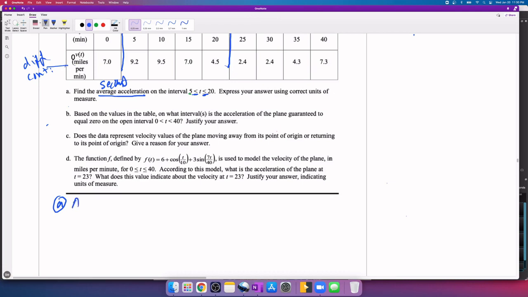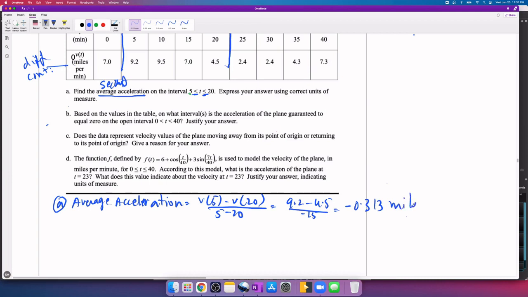Part A said average acceleration equals v of 5 minus v of 20 over 5 minus 20, which is going to give me 9.2 minus 4.5 over negative 15. Plug it in the calculator, and your answer is 313 miles per minute squared. So that's my part A.